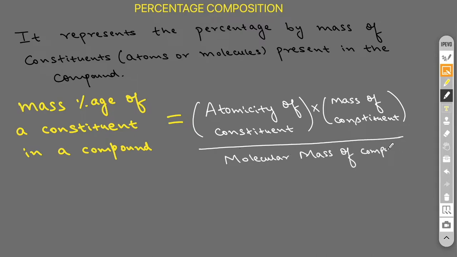This is the simple formula. This is very important formula. Atomicity multiplied by mass of constituent divided by molecular mass of compound multiplied by 100. You need to remember this.